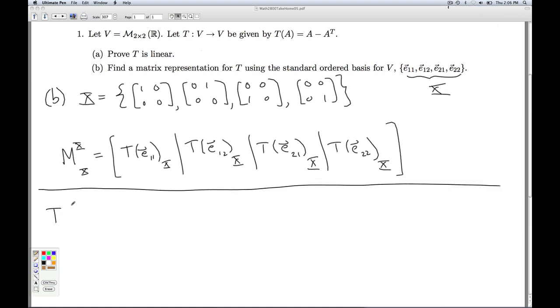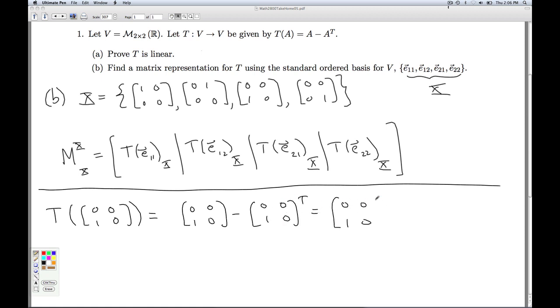Okay, now I take T of the third basis vector. So I take the matrix minus its transpose. That's 0, 0, 1, 0 minus 0, 1, 0, 0.